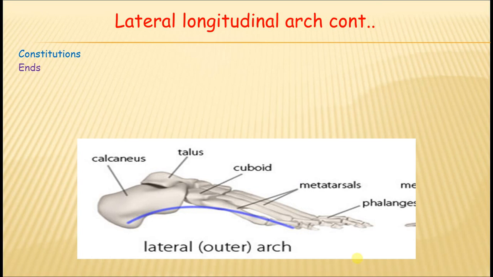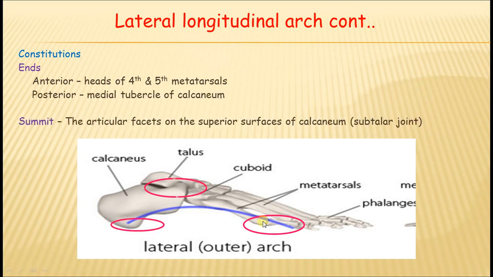The ends of the arches: lateral longitudinal arch is mainly formed by the head of the 4th and 5th metatarsal which is resting on the ground. Posteriorly again medial tubercle of calcaneum. So both for the medial longitudinal arch and lateral longitudinal arch, it is the medial tubercle of the calcaneum which actually forms the posterior pillar.